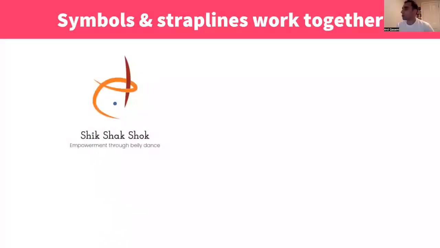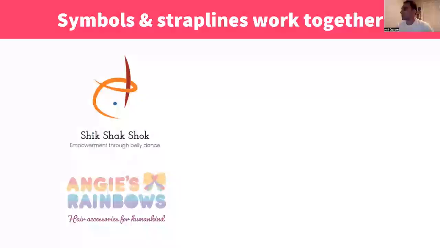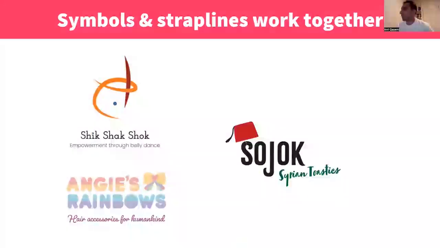And we could look into some of the symbols and straplines that work together. Here are just some examples of great logos and straplines working together very well from past entrepreneurs who went through the same process. Here you can see Chic Shark, a belly dancing business with a therapeutic dimension for all genders.